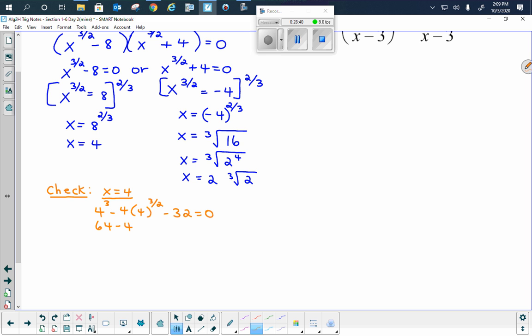The square root of 4 is 2, and 2 cubed is 8. Okay, so that simplifies to be 8 minus 32 equals 0. So 64 minus 32 would indeed give us 0 equals 0. Okay, so that's a good check.